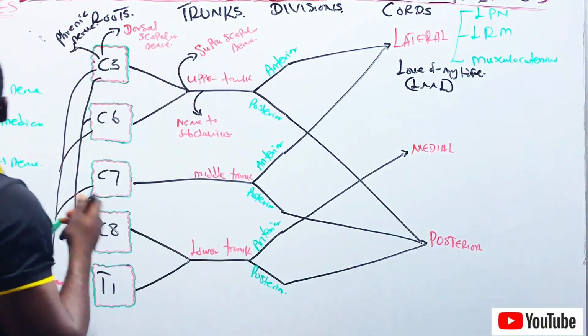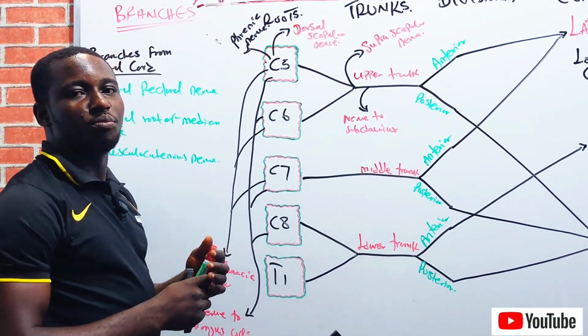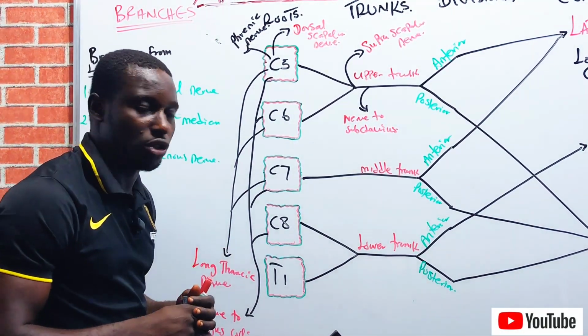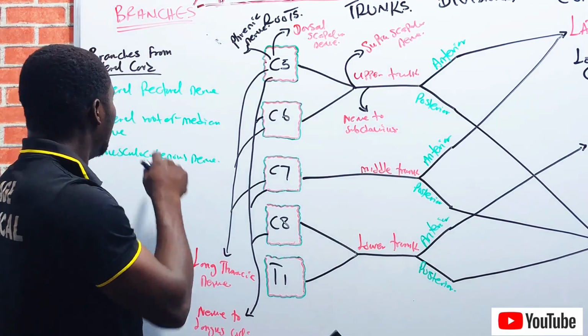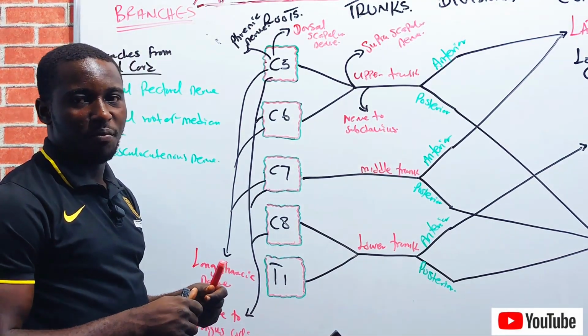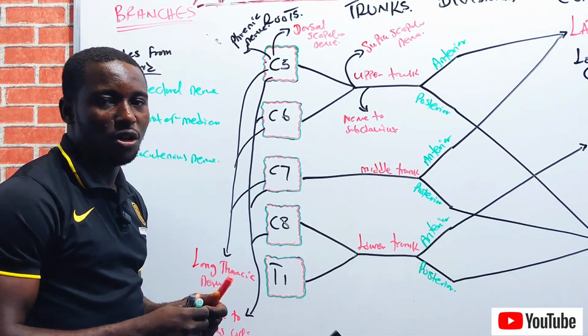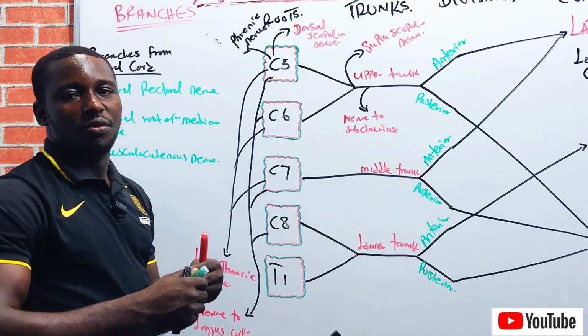You get it? Now, the lateral pectoral nerve supplies the pectoralis major and minor muscles. The lateral root of the median nerve unites with the medial root of the median nerve to supply the muscles in the anterior compartment of the forearm.